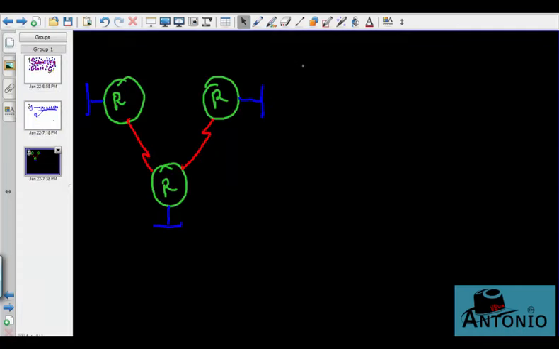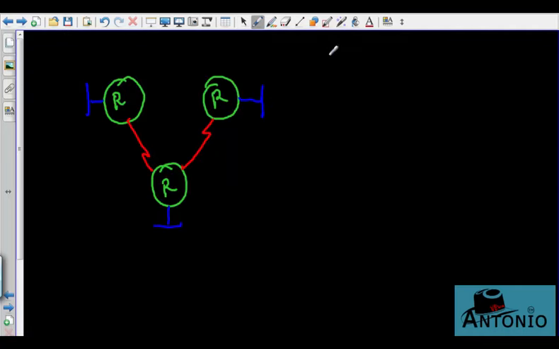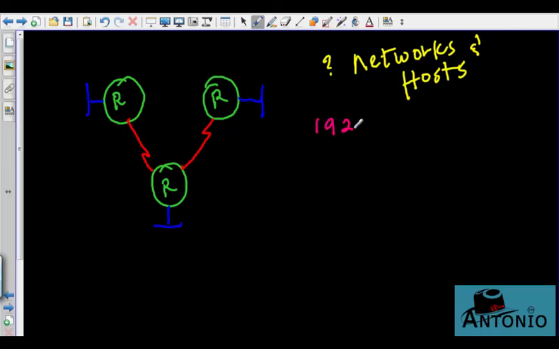This is the network diagram of their network. The question is how many networks and hosts we get from this type of IP address, 192.168.0.0/24. Okay, let's have a look.